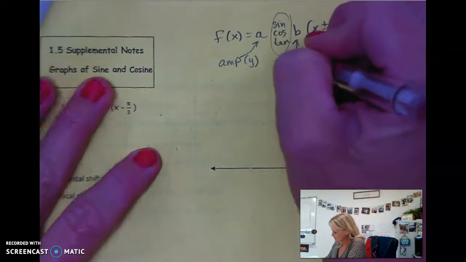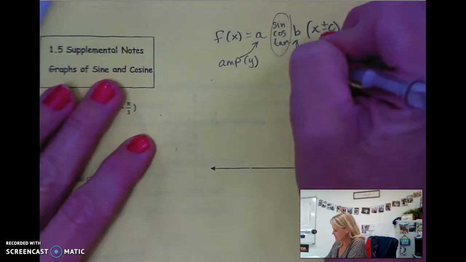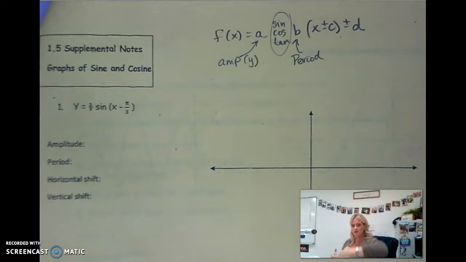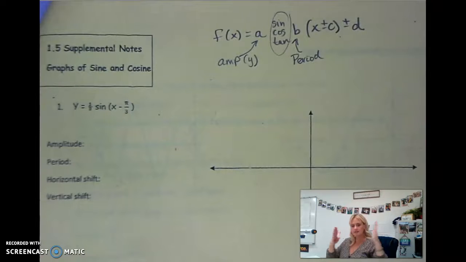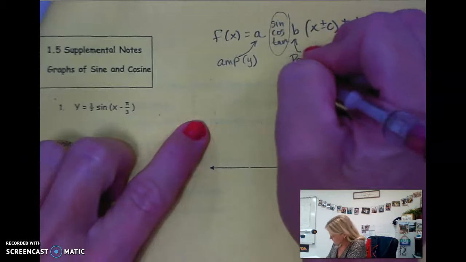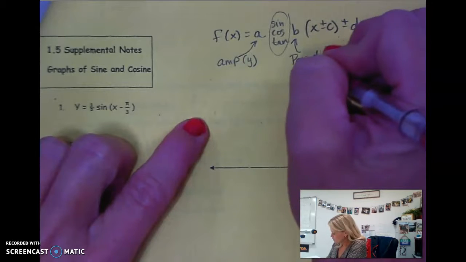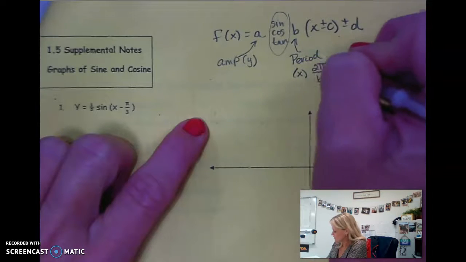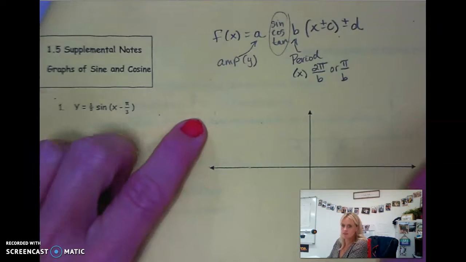B affects our period, and period has to do with when the cycle or the wave is done. Typically, it's 2 pi, but it might shrink or stretch, and that's with our x values. Again, period equals 2 pi over b for sine and cosine, or pi over b for tangent.